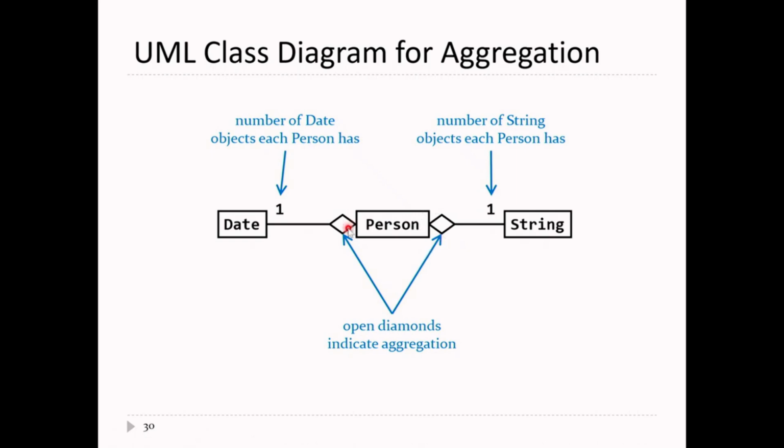So an open diamond on the person object and a solid line connected to date says that person is an aggregation of one date object, and person is an aggregation of one string object. So the diamond goes on the whole object. No diamonds go on the quote-unquote part objects, the objects that the whole is made up of.